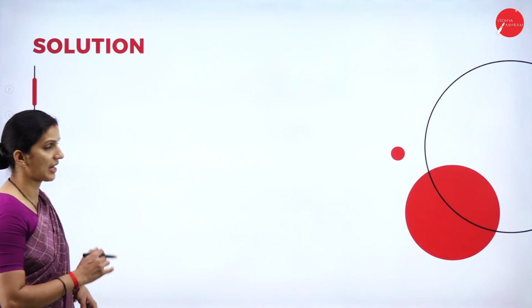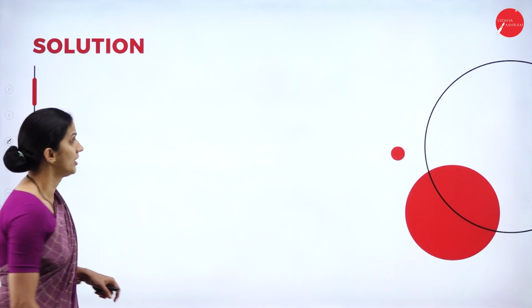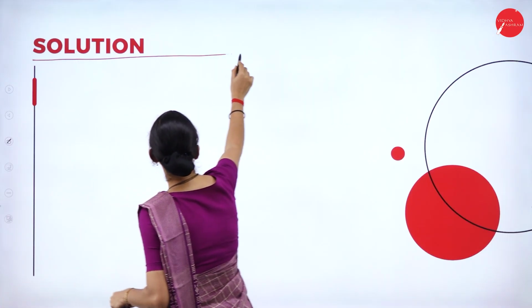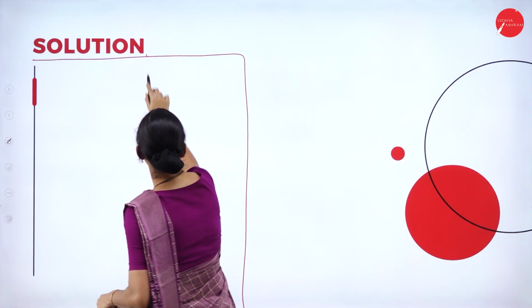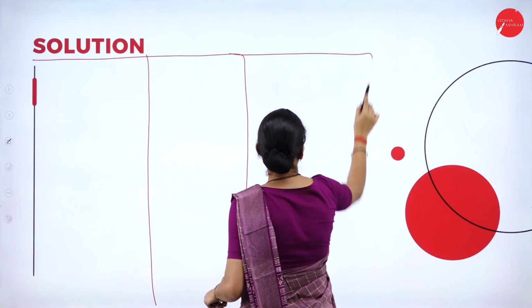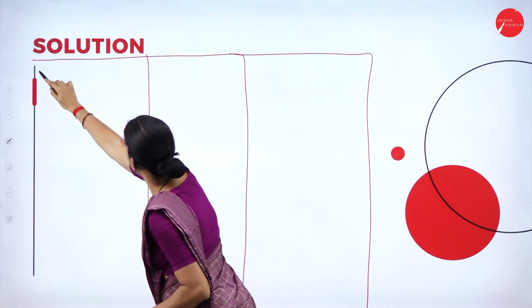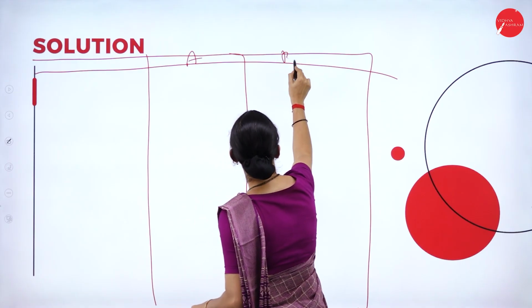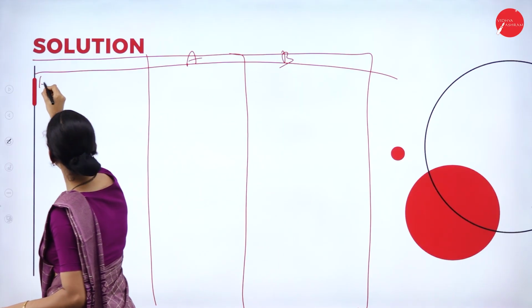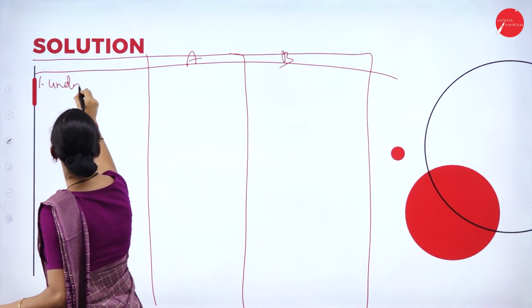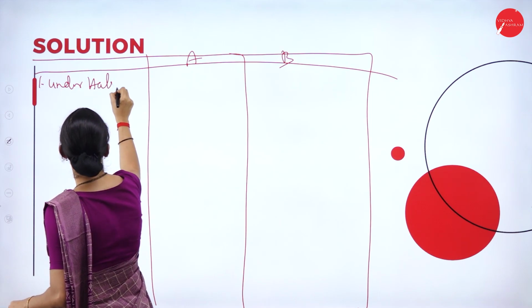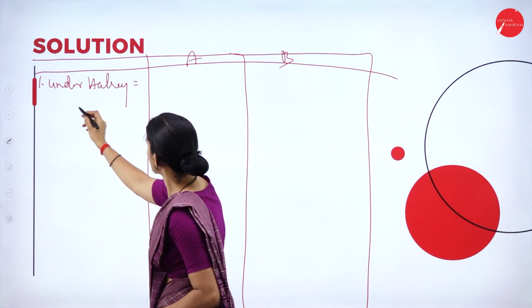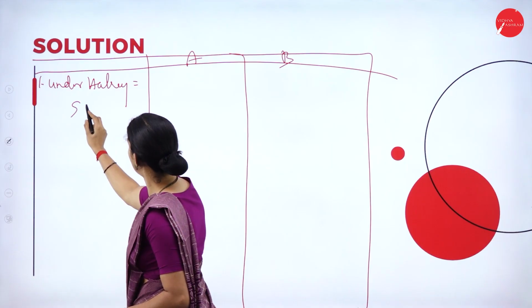So now you have the standard time, you can easily calculate the wage here. As usual you can draw two columns for both worker A and B. This is for A, this is for B. So first under Halsey's plan. What is the standard time?